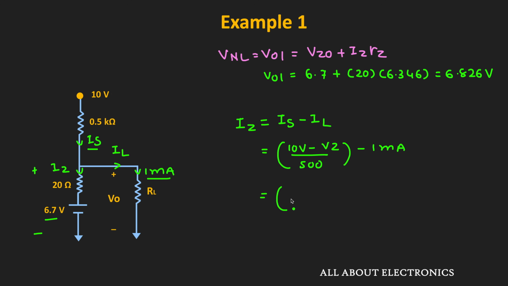Here the value of Vz is equal to 6.7 volt plus 20 times Iz, that is the drop across this 20 ohm resistor. So this entire term corresponds to the Zener voltage, and that will get divided by 500. That means we will have Iz equal to this term minus 1 milliampere.